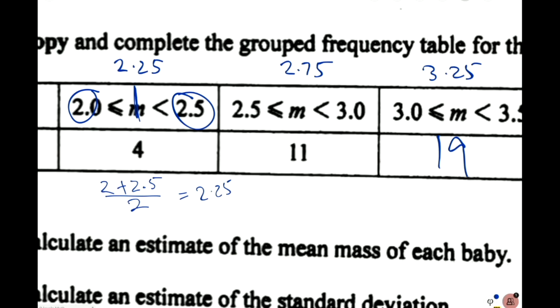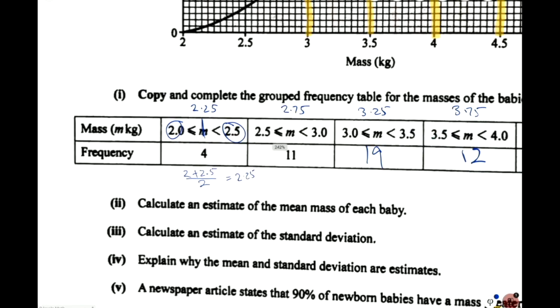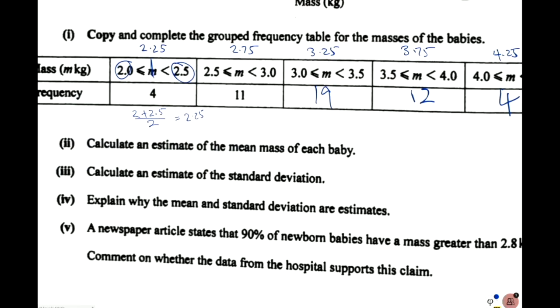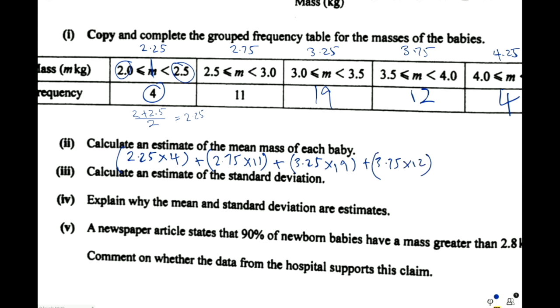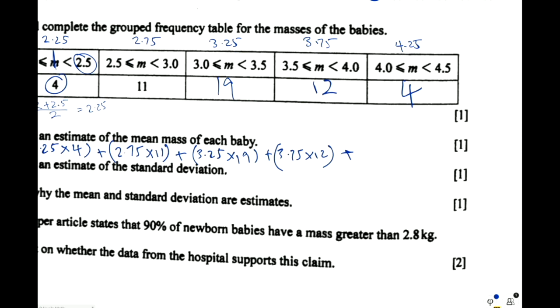Okay, so I get all the figures. Then multiply with what? With the frequency. So the working will be 2.25 times 4 plus 2.75 times 11 plus 3.25 times 19 plus 3.75 times 12 plus 4.25 times 4.